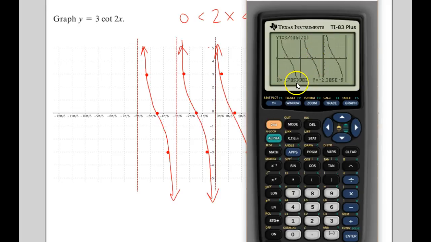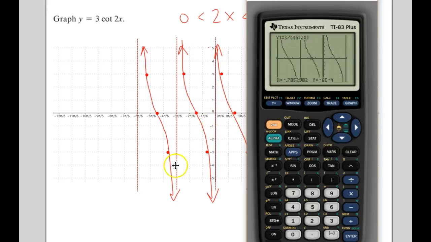So if I get something really close to negative pi over 4, so like negative pi over 4 plus 0.0001, now we can see we're really, really close to 0. So that point is correct.